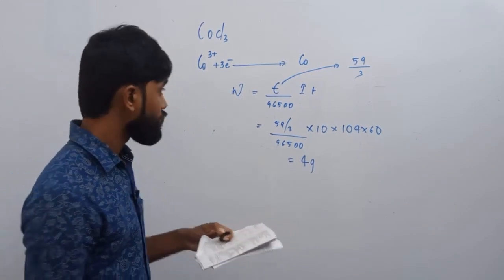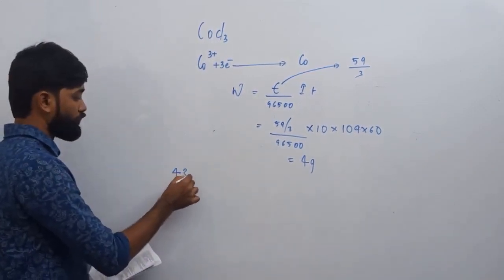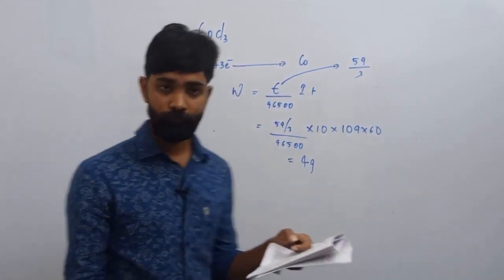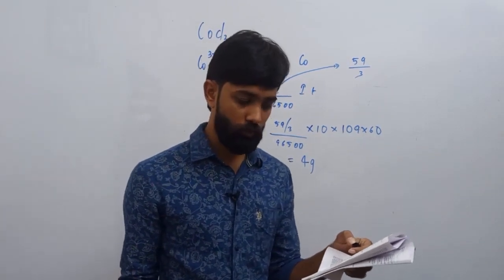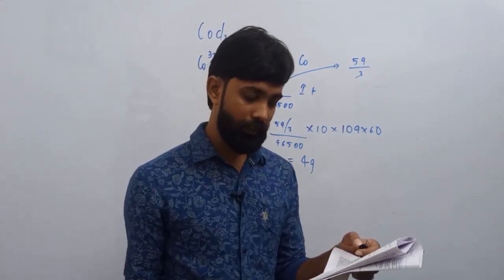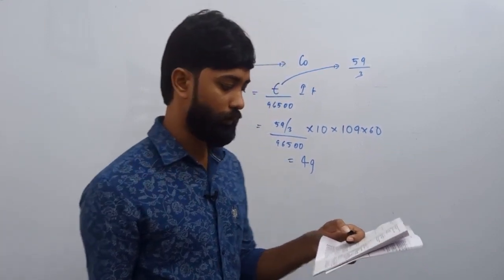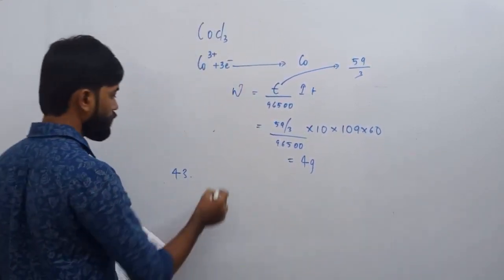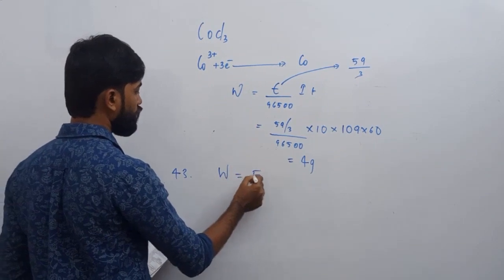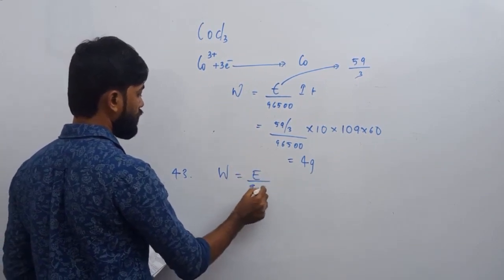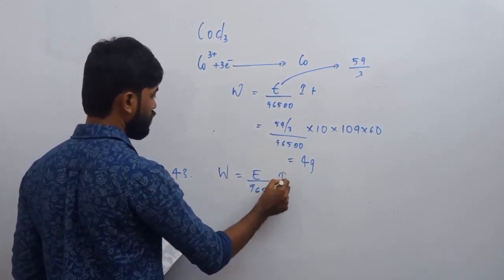Okay. So the question number 43, or the last question from your electrolysis. Last question from your choice, section B. That is, a 5 ampere current is passed through a solution of zinc sulfate for 40 minutes. The amount of zinc deposited. So the deposited weight is equal to equivalent mass divided by 96500 into current into time.